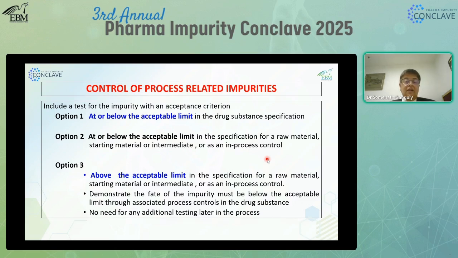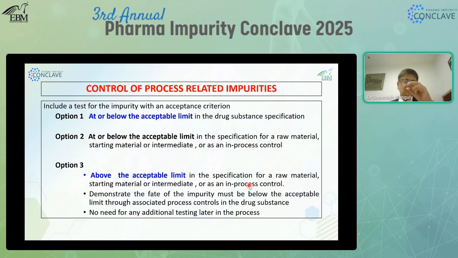Option 3 is that you can set it above the acceptable limit in the specification of raw material, intermediate, or in process. Now, suppose a product is A and B is the starting material, A and B form C, the intermediate, and C to D is the API. What this guidance is telling is that you can control at A, B, or C stages, whatever the limit.